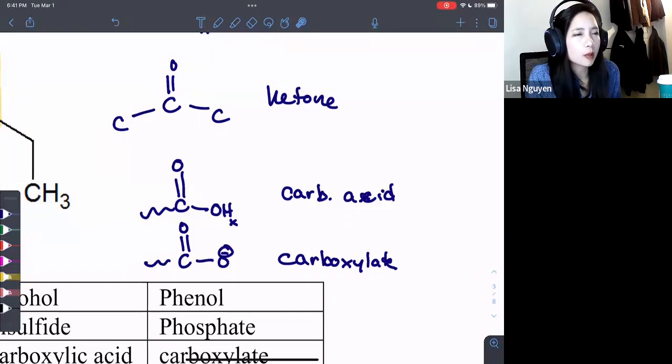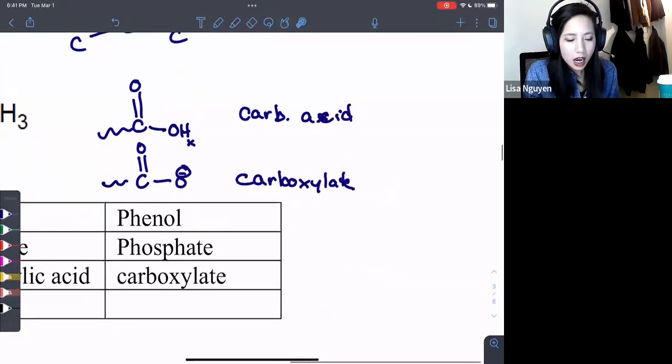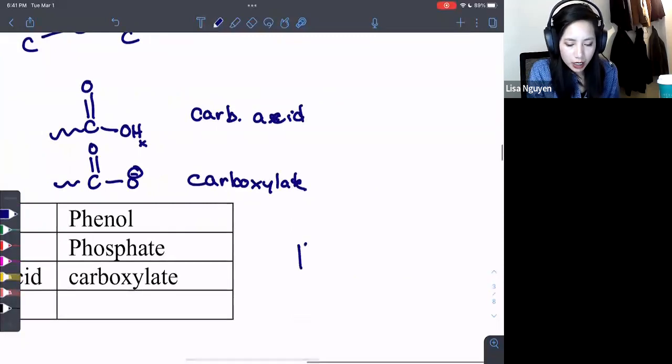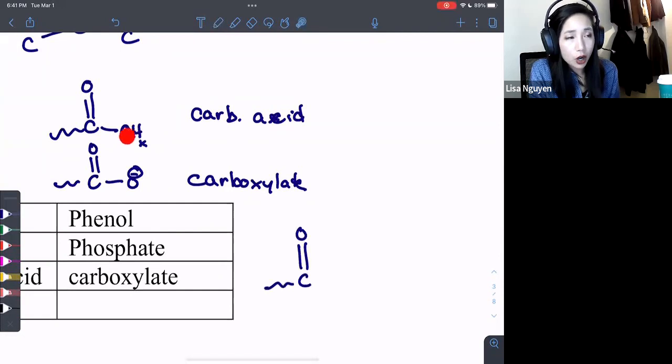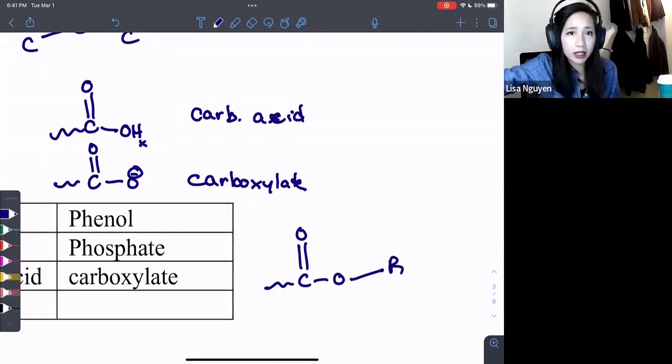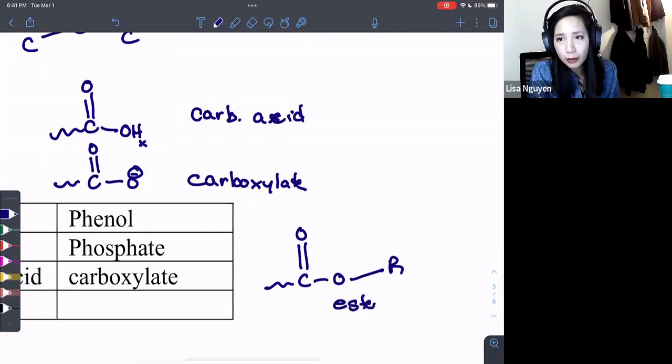Okay, so there's carboxylate, carboxylic acid. So other types of things that can be attached to a carbonyl carbon. So we have OH, we can take off the H to make a carboxylate, or with that O, we could have other R groups, like a carbon chain attached to it. This is an ester. So you did this in lab, right?